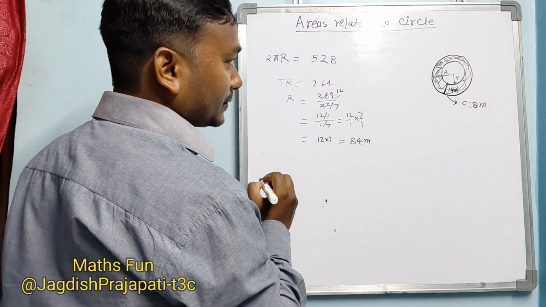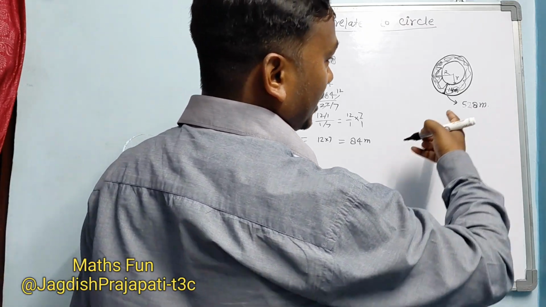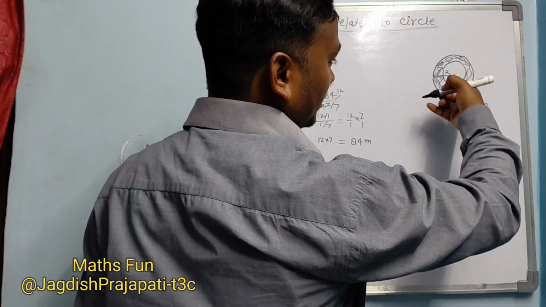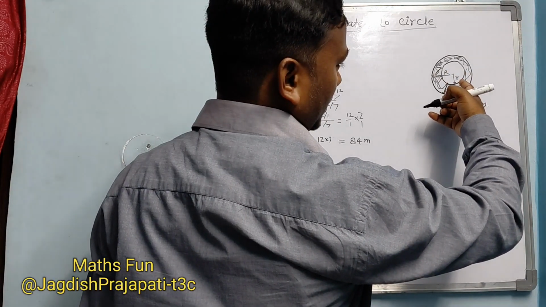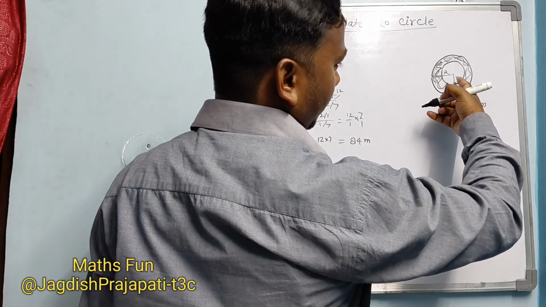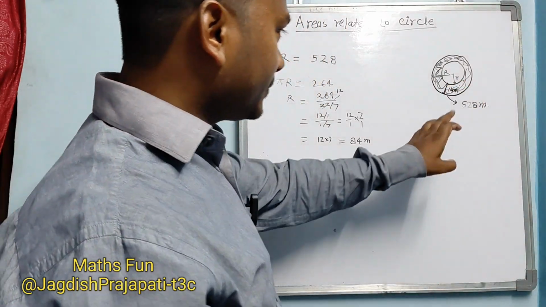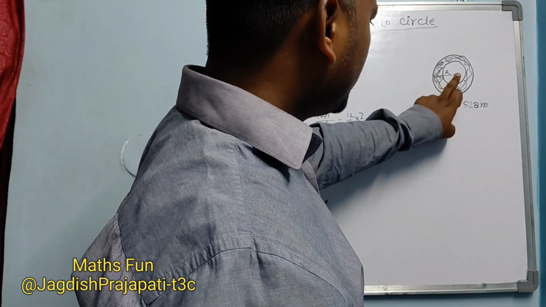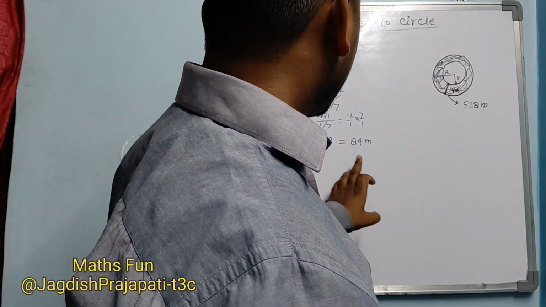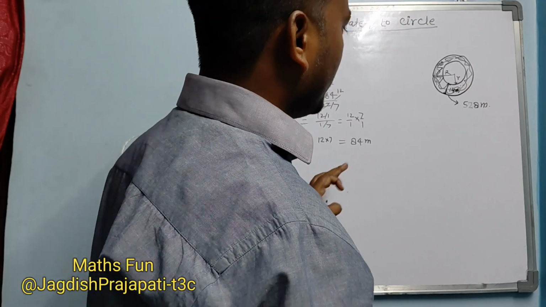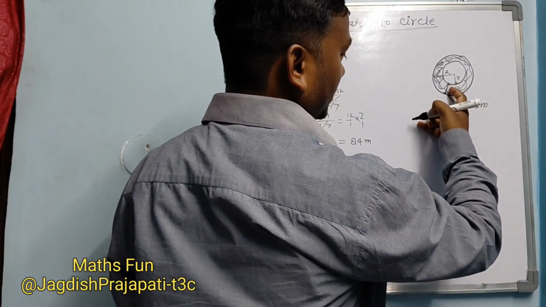Then what will be the radius of the inner circle? See, from here to here this is 84 meter, but from here to here it is given 14 meter.